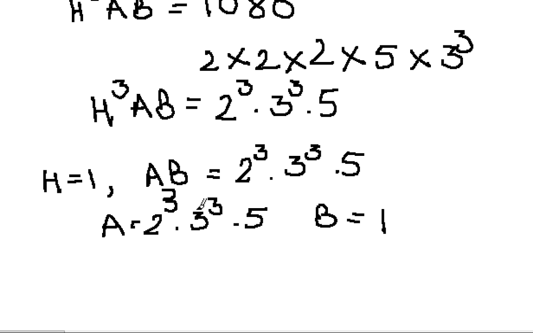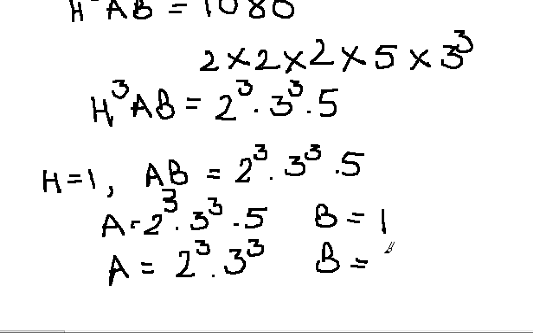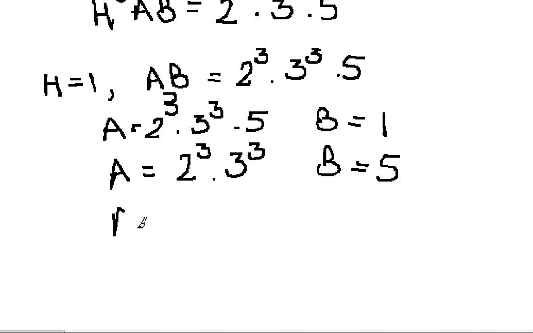Okay. So now the second case could be a is equal to 2 cube into 3 cube, and b is 5. Similarly, we can take other cases, 2 cube into 5, and b could be 3 cube.